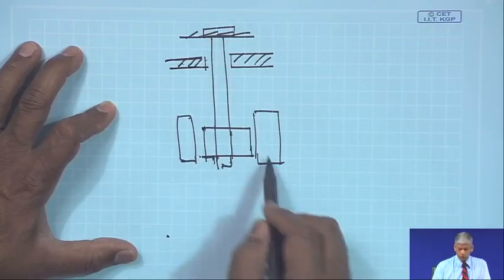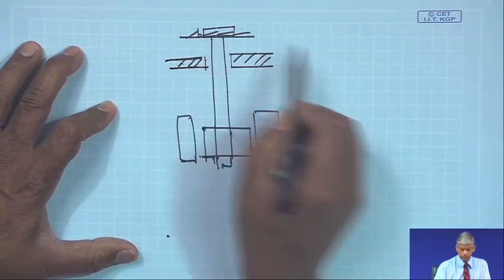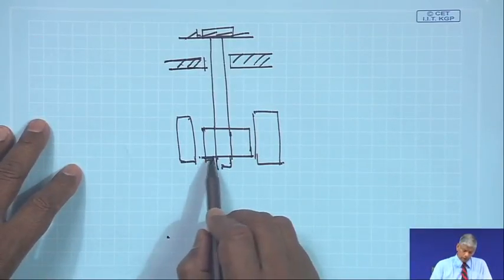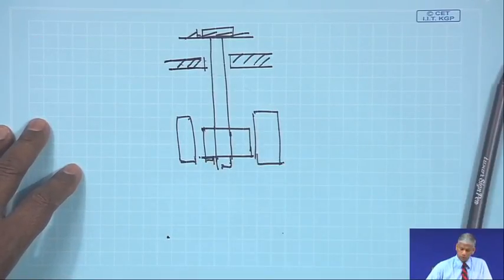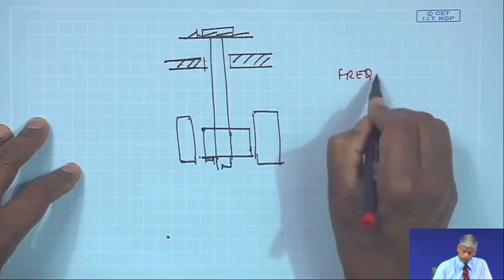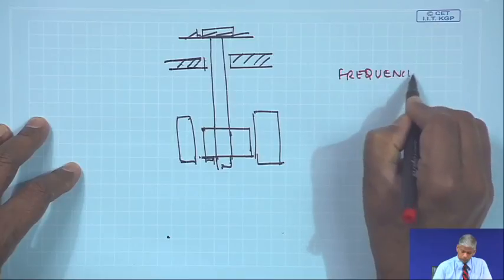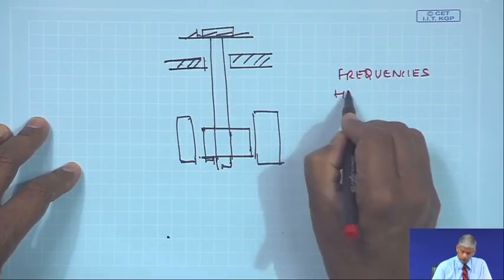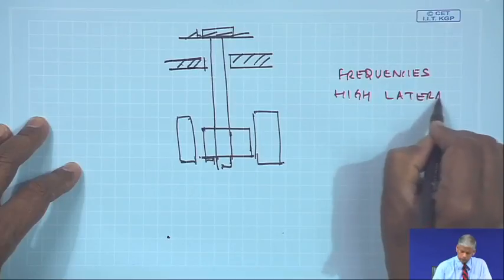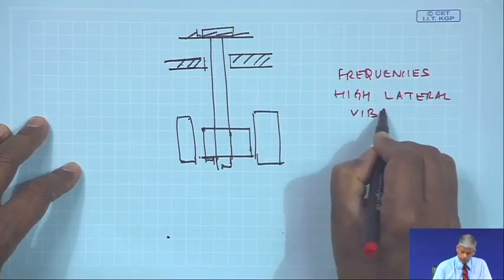So, this can be modeled as a cantilever beam, and under some conditions at some frequencies it shows high lateral vibrations.